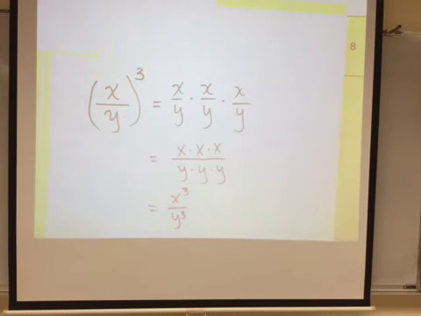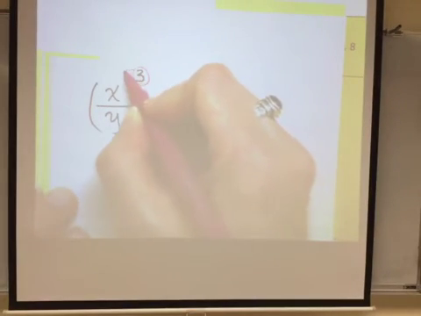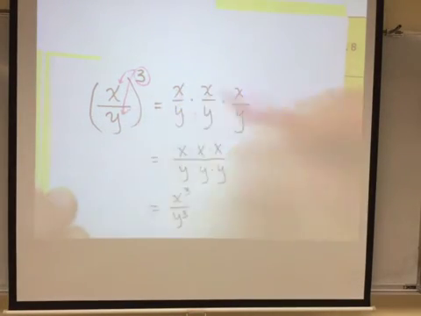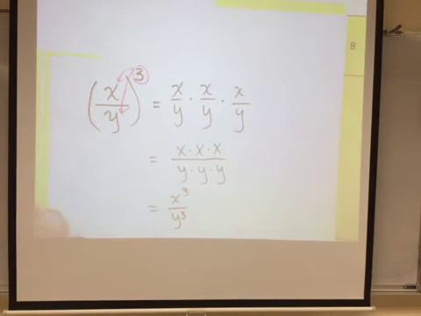So this is kind of like the rule on page 6, right? All I'm going to do is take that exponent, and both the numerator and the denominator get that exponent.